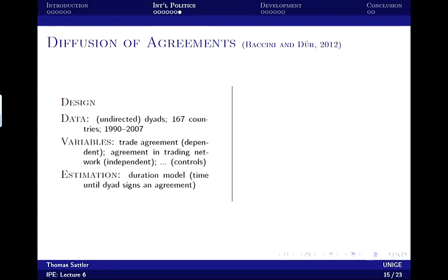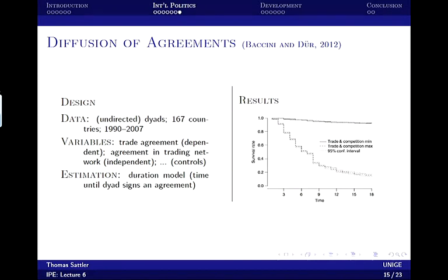And they estimate the effect of a third-party agreement on the probability of an agreement in a dyad using a so-called duration model, which simply models the time until we see an agreement in this country pair. So this is the result.